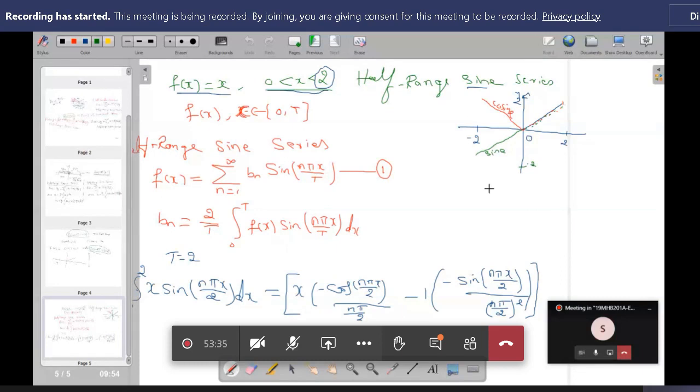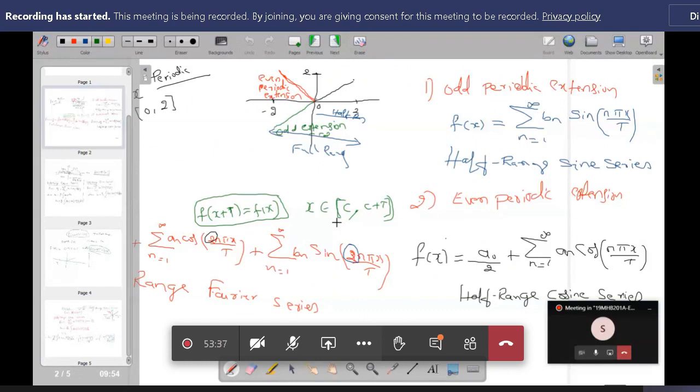Whereas in the full range, if the function is defined from minus T to T, then I can check whether f of x is even or odd. This I can easily check here.